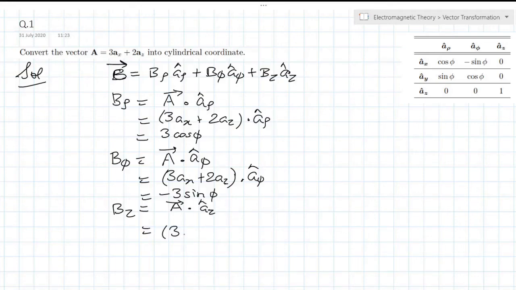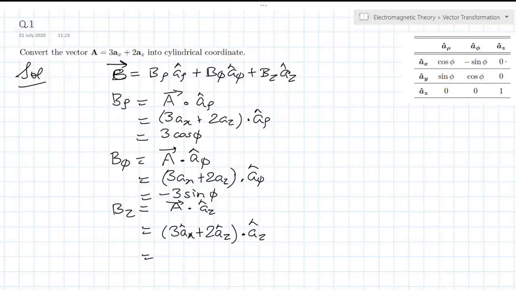So 3ax plus 2az dot multiplied with az again. So we know that ax and az, the dot multiplication of them will always be 0 because they are perpendicular to each other. We can verify it from here also. This is ax and this is az.